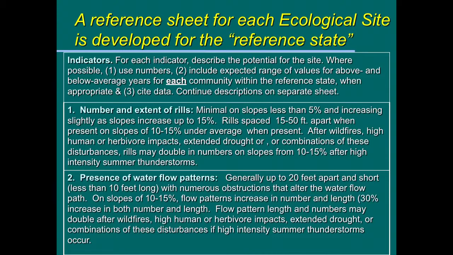Here's the indicator, and here's the potential for the site. As you're ranking these, you want to use numbers, and include expected ranges of values for each specific ecological site. So you can see here's the first one: number and extent of rills. Minimal on slope less than 5%, and increasing slightly as slopes increase up to 50%, the spacing, the percentages, what happens after fire, and so forth.